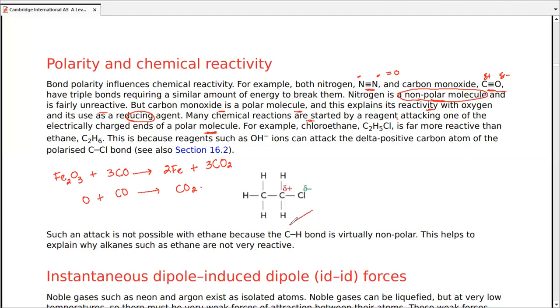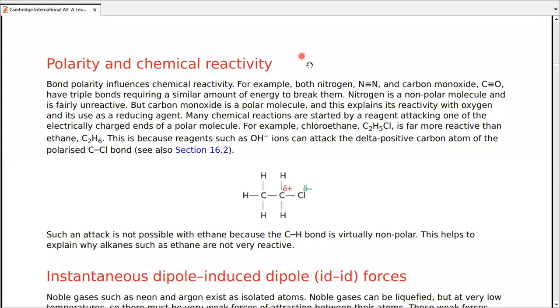If we talk about this molecule, C2H5Cl, chloroethane, I was talking about these ends being reactive since they have slightly positive or negative ends.